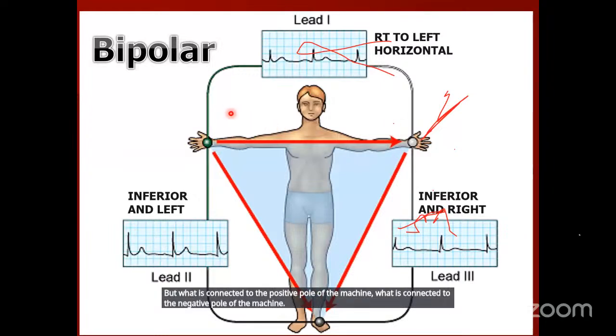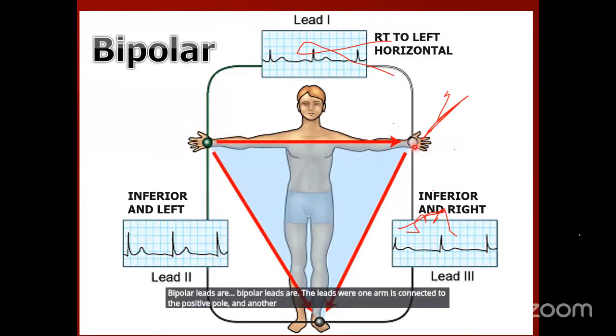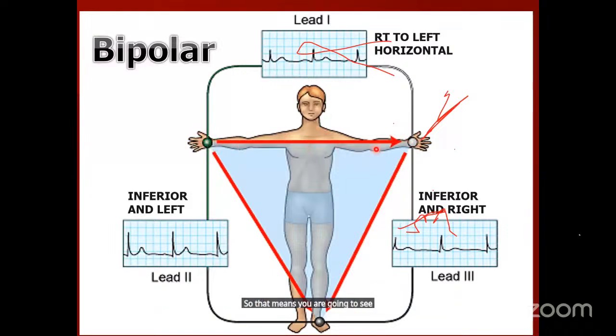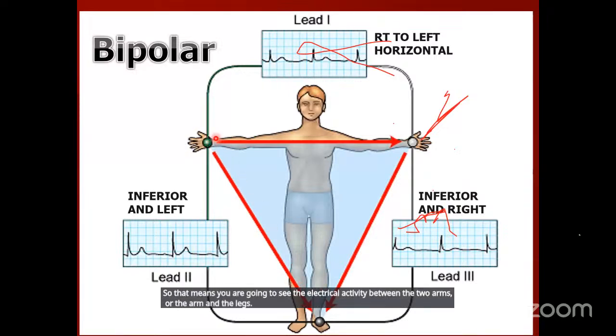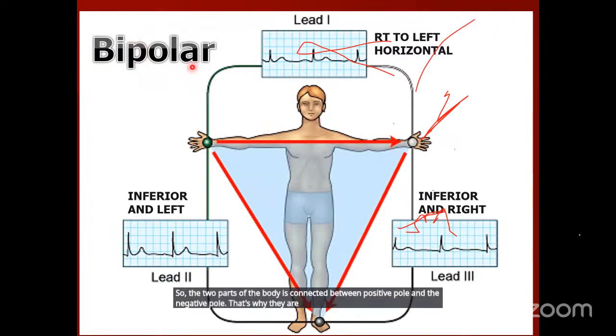Bipolar leads are the leads where one arm is connected to the positive pole and another arm is connected to the negative pole. So you are going to see the electrical activity between the two arms or the arm and the legs. So the two parts of the body are connected between positive pole and the negative pole. That's why they are called the bipolar leads.